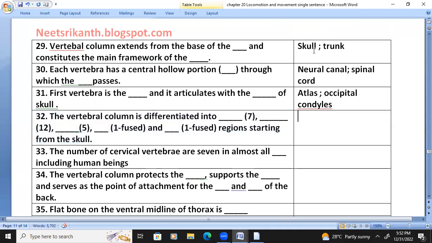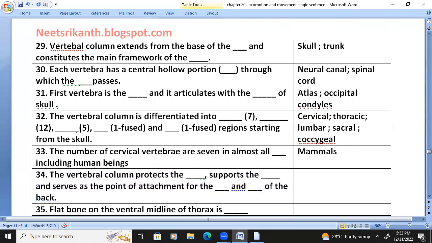The vertebral column is differentiated into cervical, thoracic, lumbar, sacral, and coccygeal regions starting from the skull. The number of cervical vertebrae is 7 in almost all mammals, including human being.